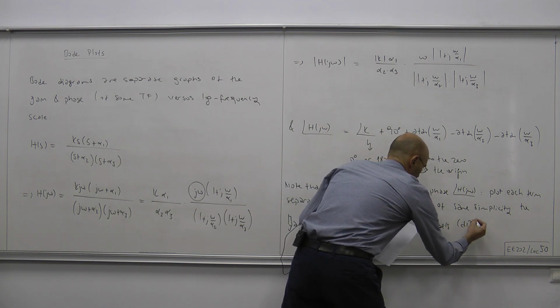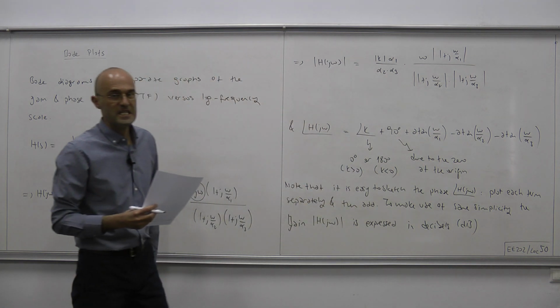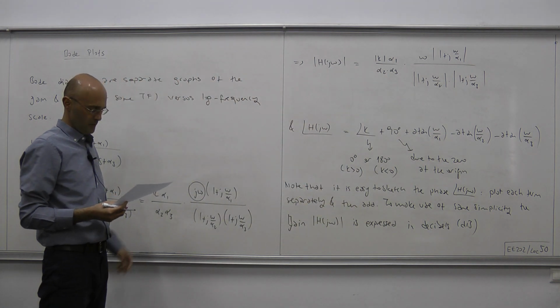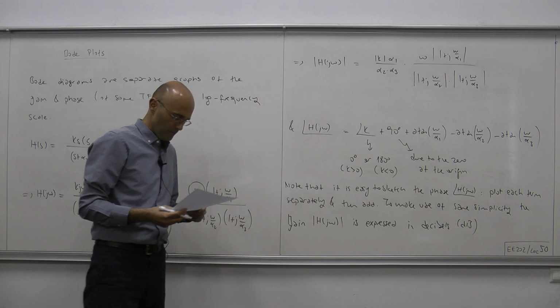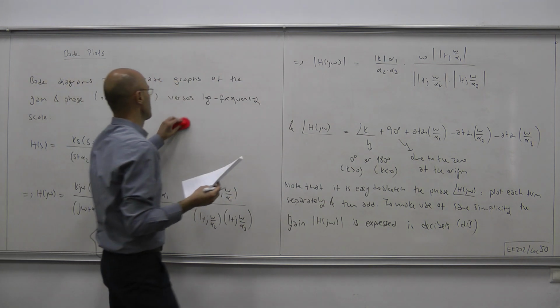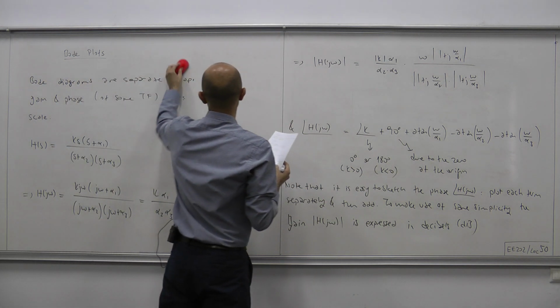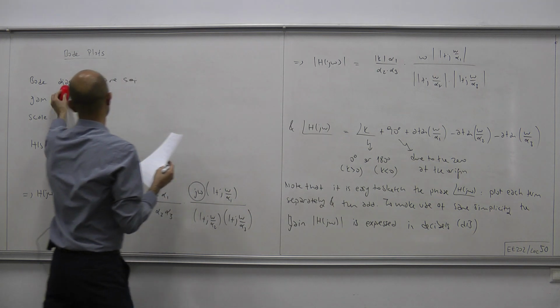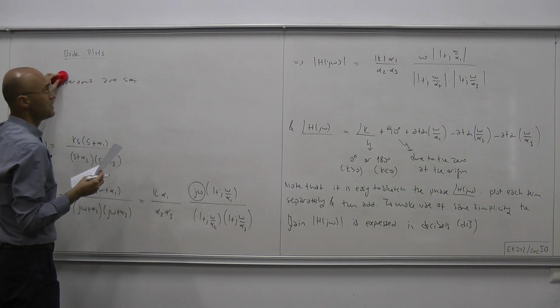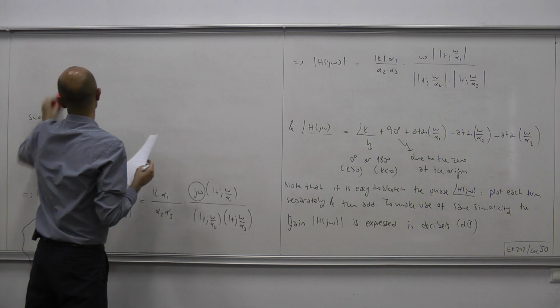In short, it's written dB, with the B capital. Now, this is the definition of the gain expressed in dBs, decibels.